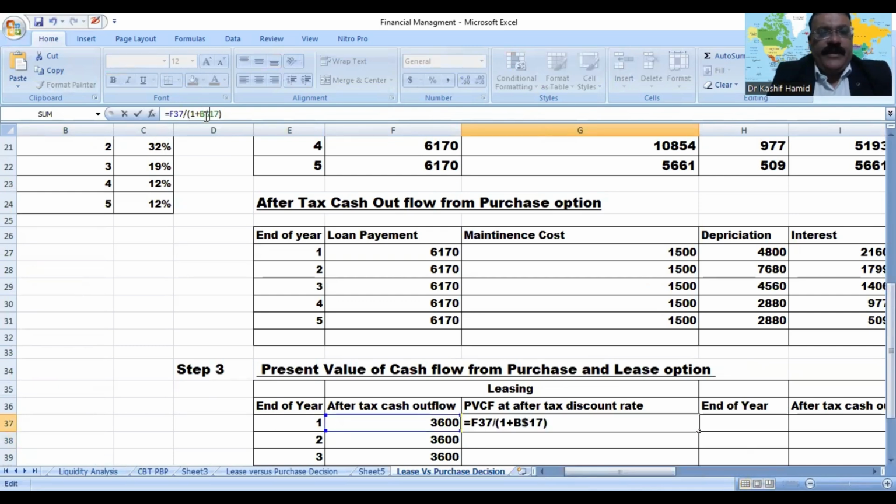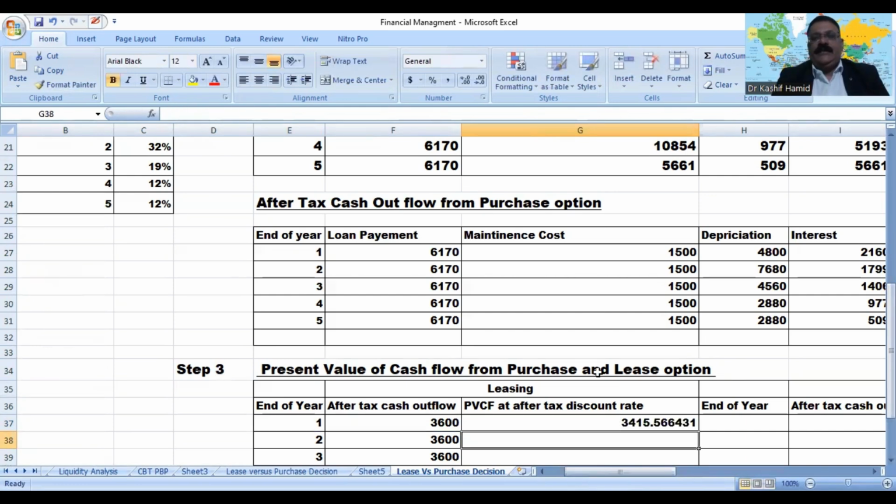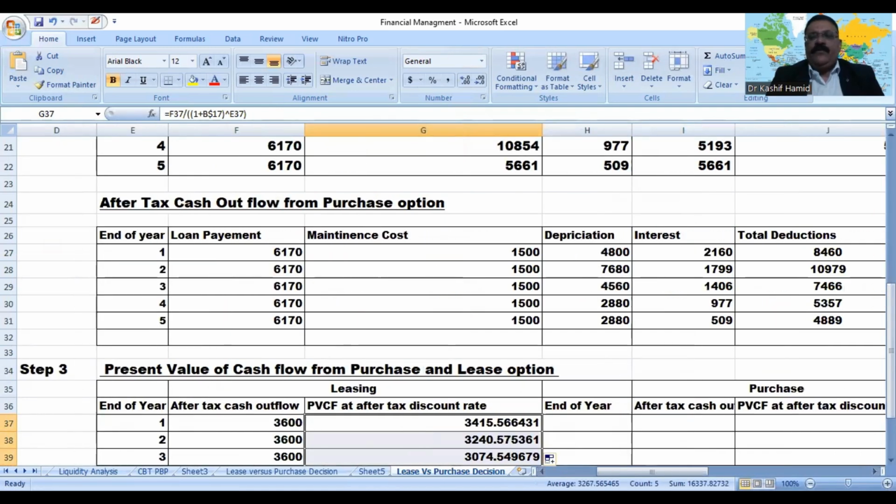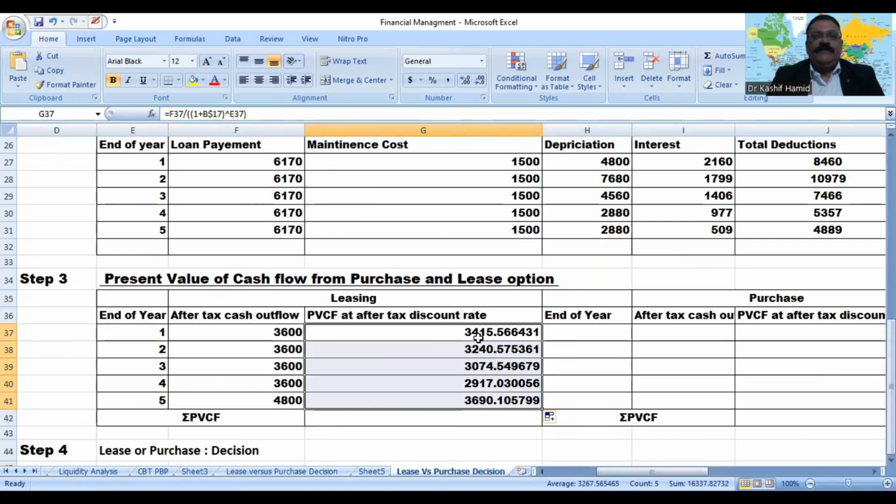B17 will be fixed, and its power is 1, and here we will close this function. And in the same way, the sum of these present values of cash flows is 16,337.